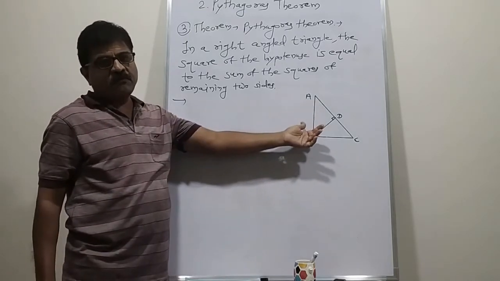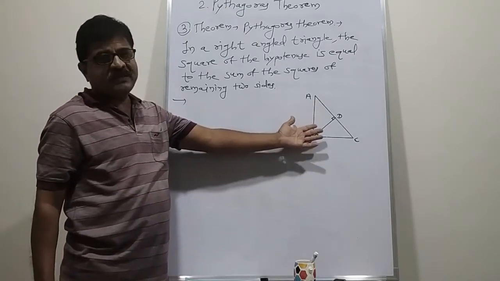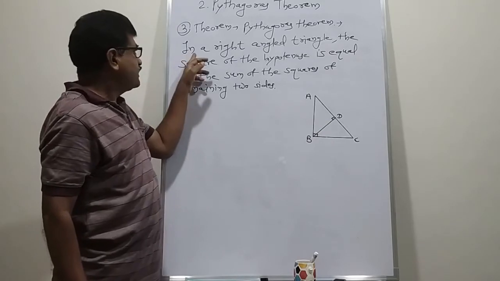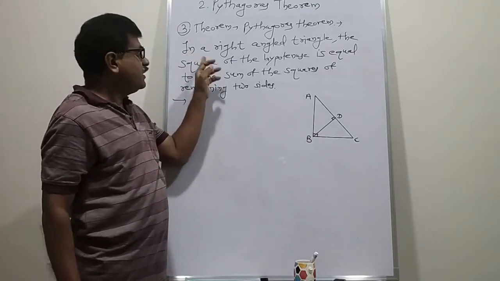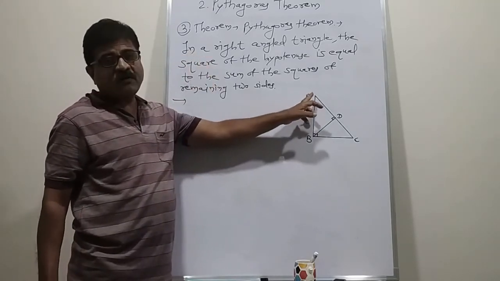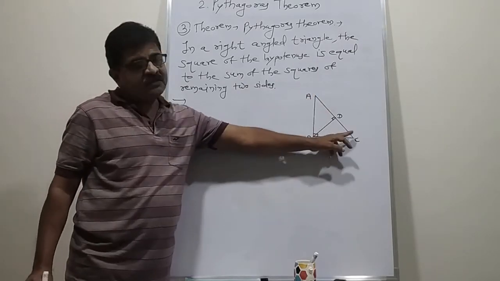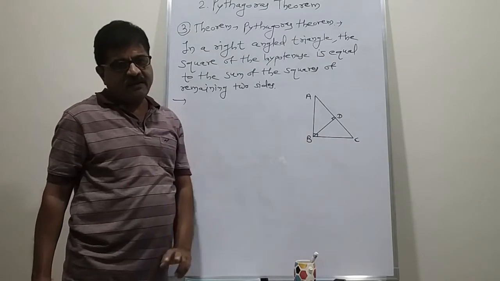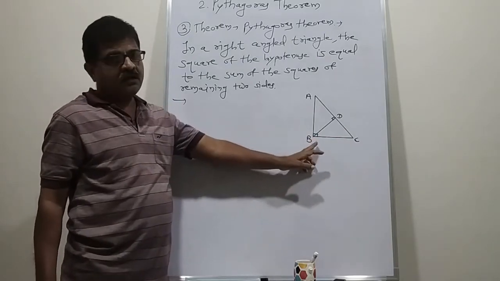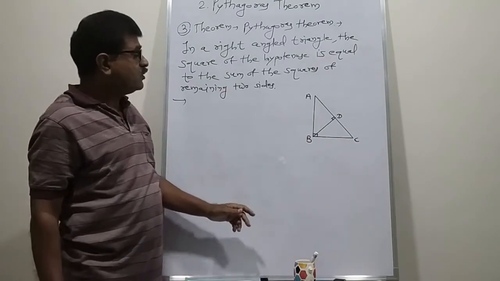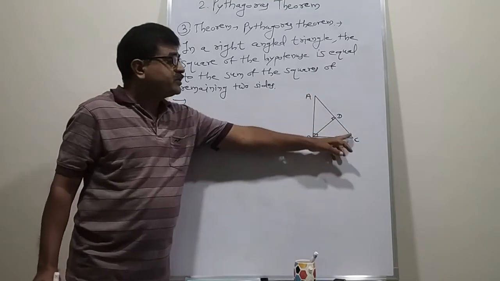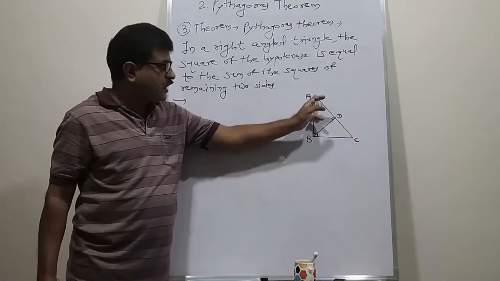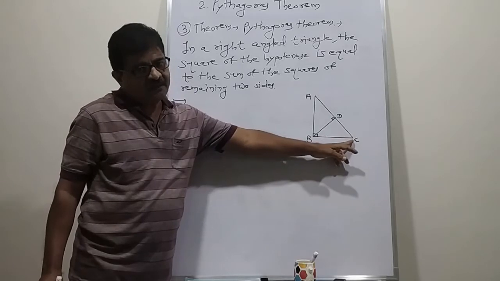Now from the figure we see how we can prove this theorem. Given: in triangle ABC, angle ABC is equal to 90 degrees. To prove: AC square is equal to AB square plus BC square.